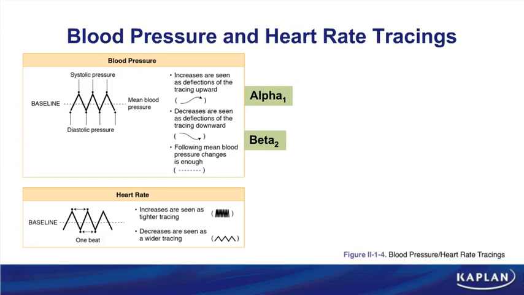What receptor would you stimulate to cause tachycardia? Well, that would be beta-1. On the other hand, if the peaks get farther apart, representing a decrease in the heart rate, bradycardia would be caused by activating muscarinic M2 receptors. These 4 receptors are critical for you to understand as you analyze this type of problem.